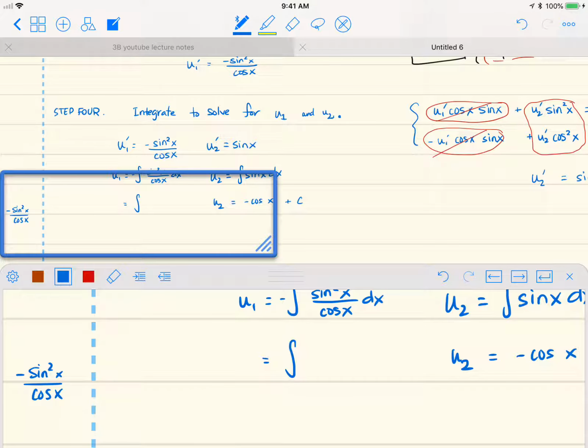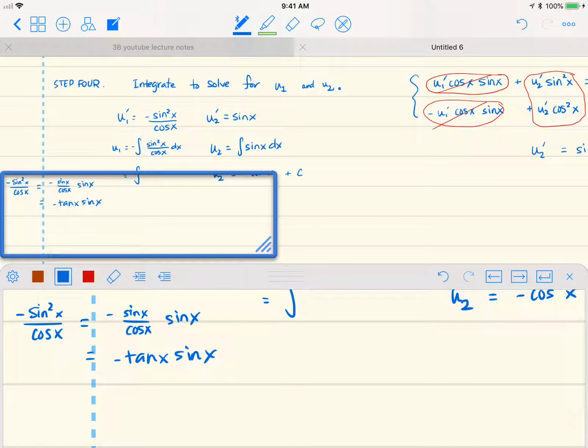On the one hand, we could write it as negative sine x over cosine x times sine x, which would give us negative tan x sine x. But we remember from calculus 2 that tangent and secant go well together. Tangent and sine don't go well together. Sine and cosine go well together. And cotangent and cosecant.